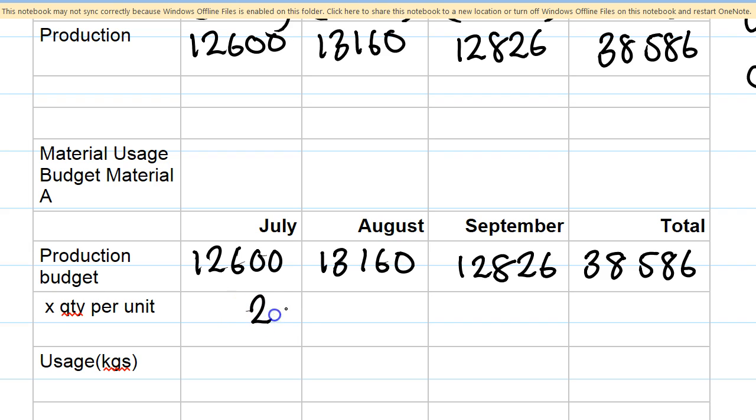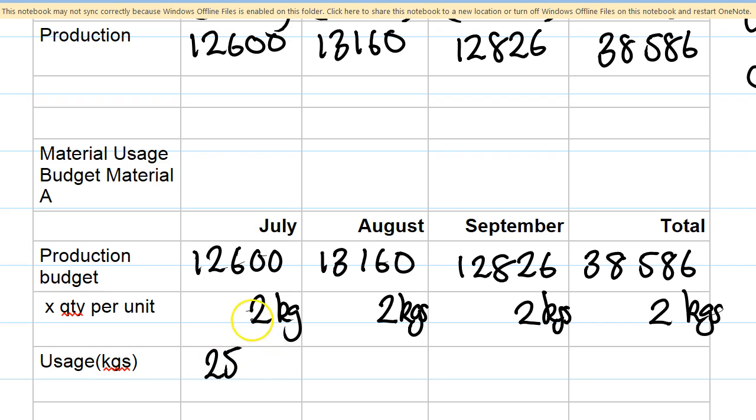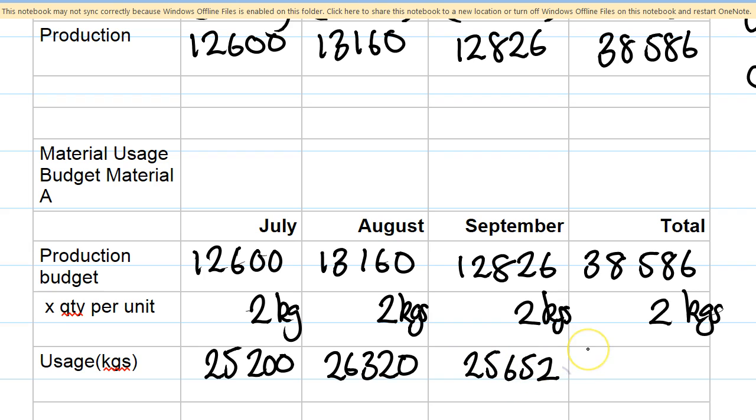In the question we're told that there's 2 quantity per unit, that's kilograms, and our material usage in kilograms, multiply it out, 25,200 kilograms, 26,320 kilograms, 25,652 kilograms, and in total 77,172 kilograms.